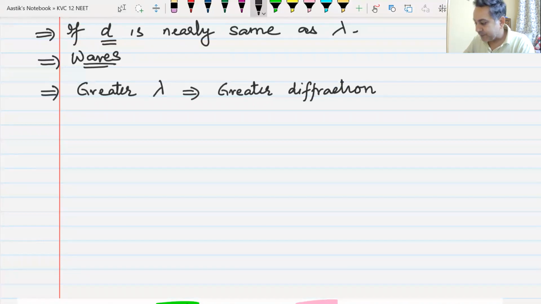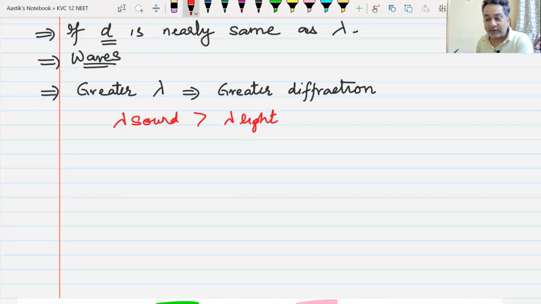Therefore, and this is again a question, the wavelength of sound waves is more than the wavelength of light waves, and hence you can see the phenomena of diffraction very commonly in sound waves, but for light waves we have to make some special arrangements because the wavelength of light is very small. For sound, you can easily see diffraction. If you are sitting in this room, even if all the doors are closed, if there is a small opening, your sound can go to the other side. But light from this room will not go to the other side easily. Do we understand this? Yes or no?